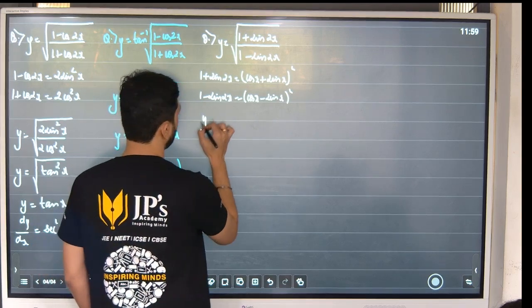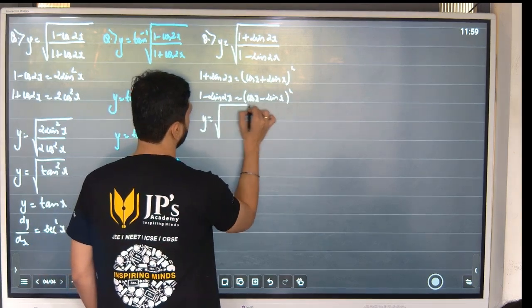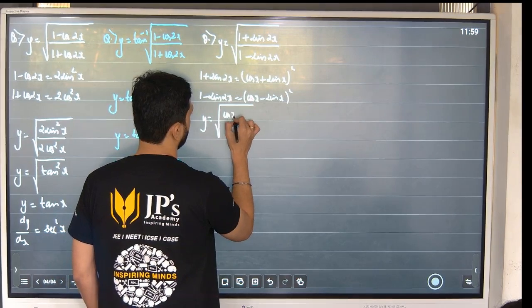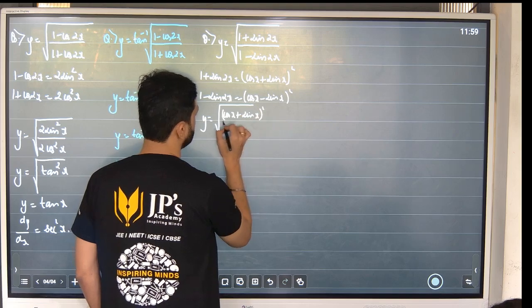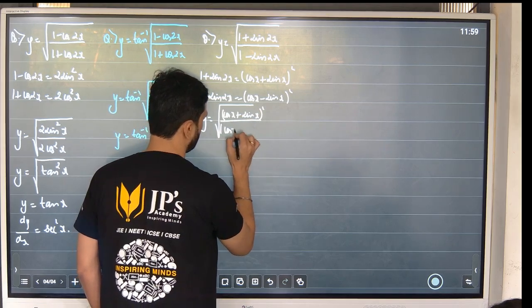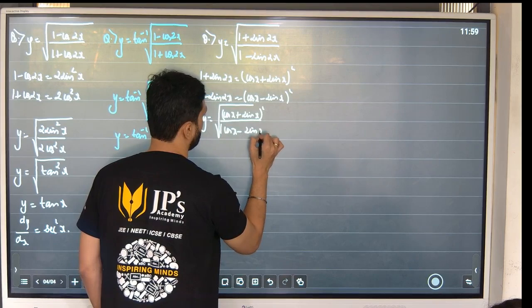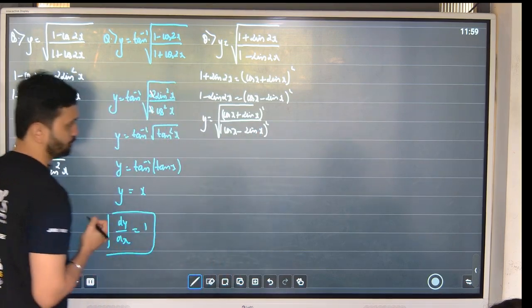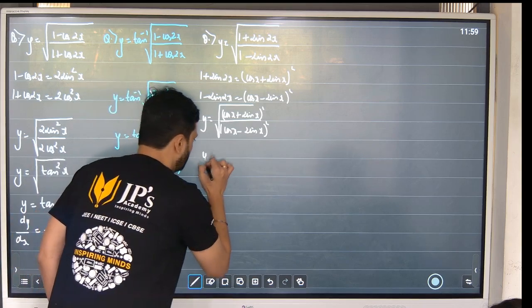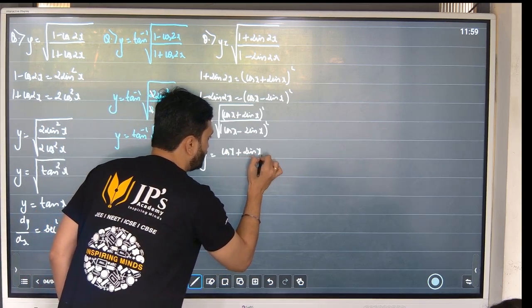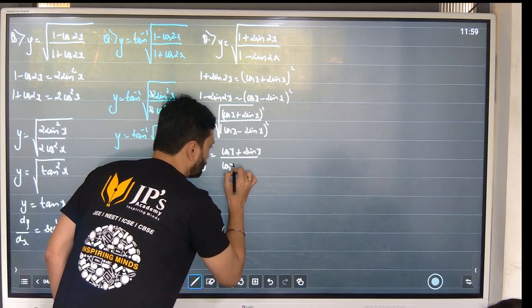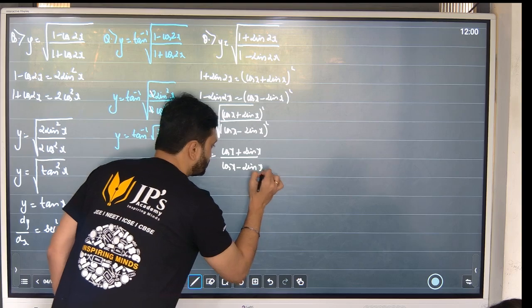So my question will become y is equal to under root of cos x plus sin x the whole square upon cos x minus sin x the whole square, which is nothing but y is equal to cos x plus sin x upon cos x minus sin x.